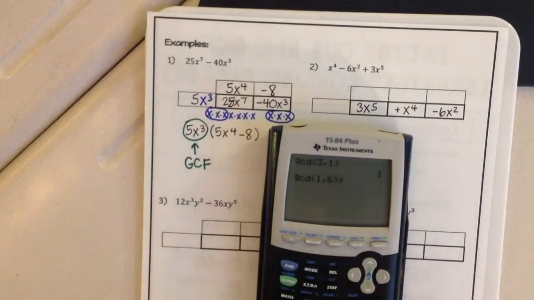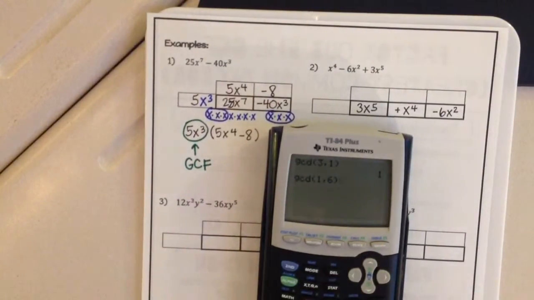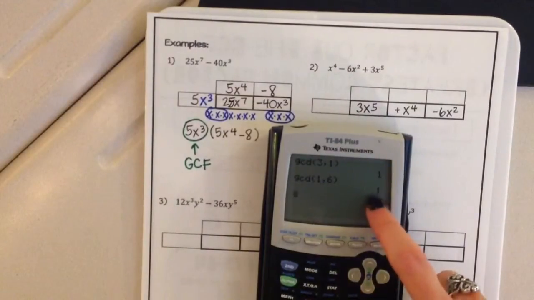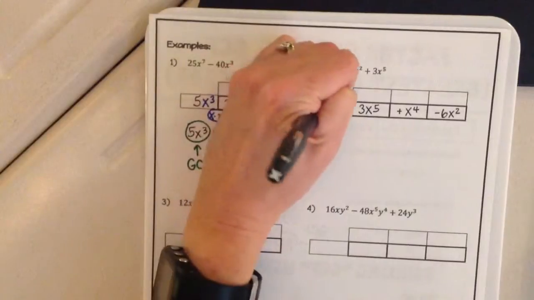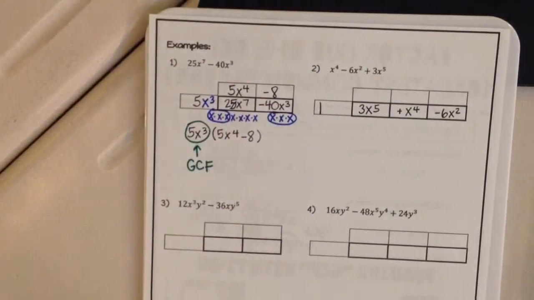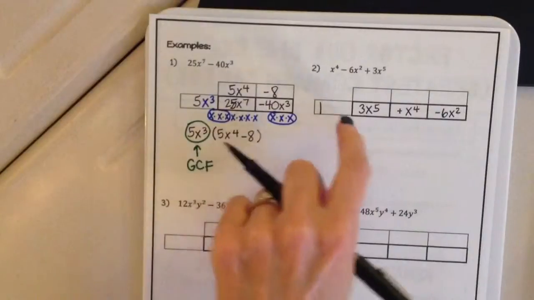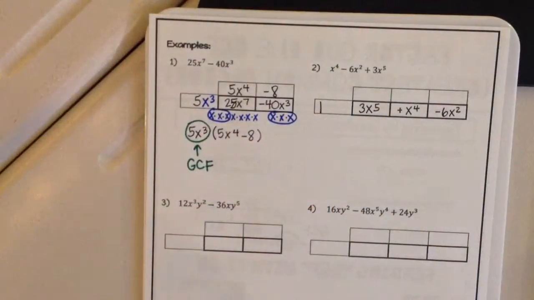But remember, we cannot type in a negative, so I'm going to see what the GCF of 1 and 6 is, and that is a 1. So I'm going to use this last GCF as my greatest common factor for all 3 of the terms in my trinomial. And yes, you can have a GCF of 1. You should never have a GCF of 0, because if you're multiplying anything by 0, then these would all be 0 terms.